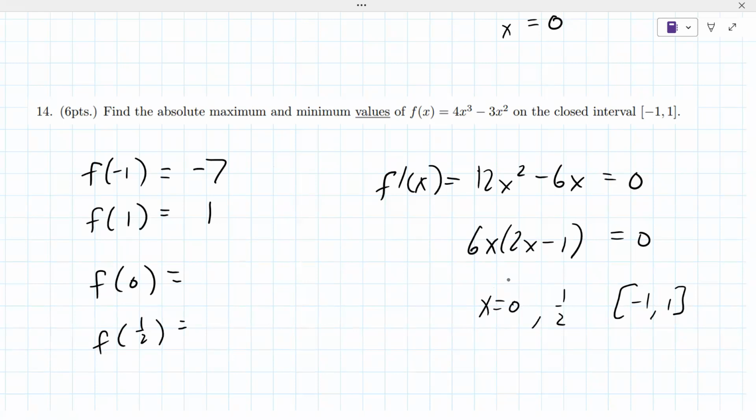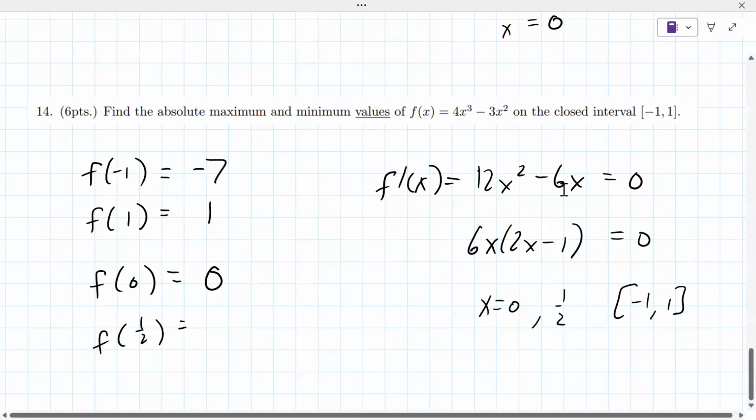So for 0, f of 0 equals 0. Good. And then for 1/2, negative 1/4.